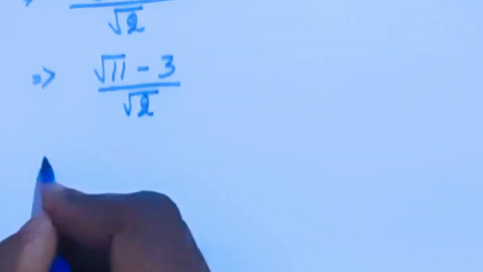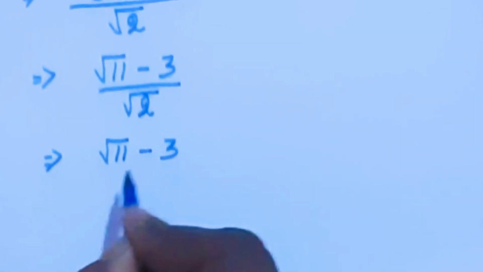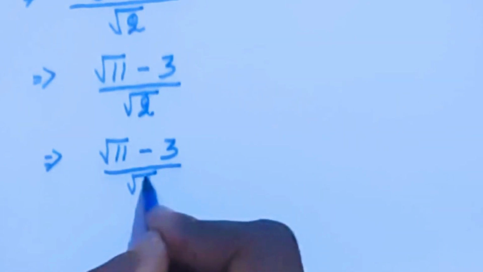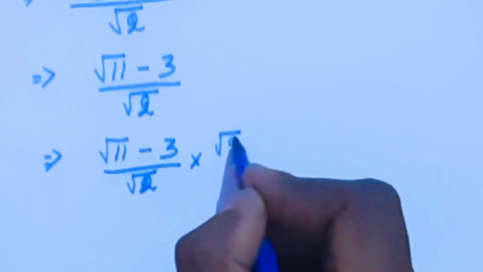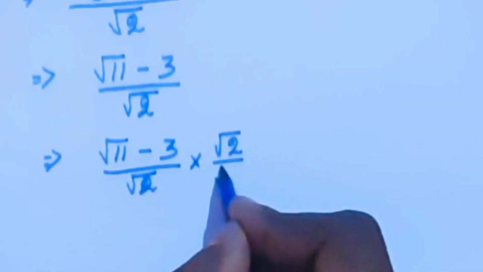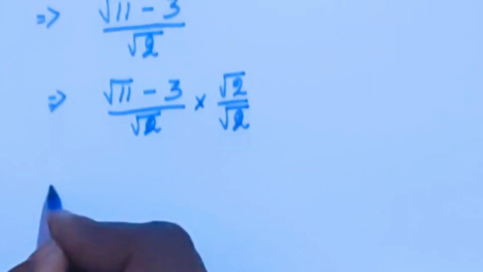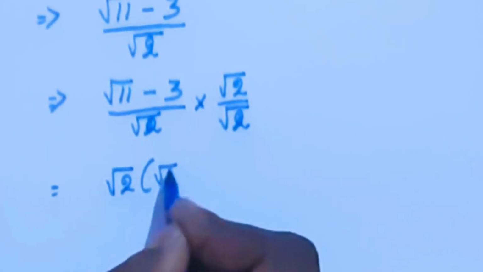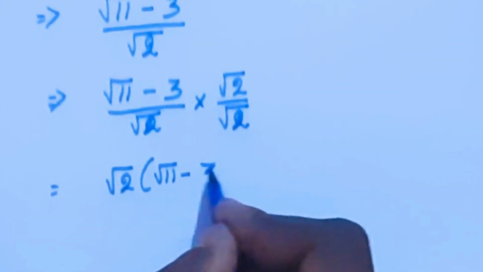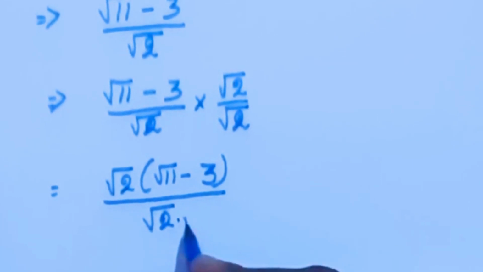Now square root of 11 minus 3 by square root of 2, we are going to multiply by square root of 2 and divide by the same square root of 2. Now square root of 2 times square root of 11 minus 3 by square root of 2 times square root of 2.